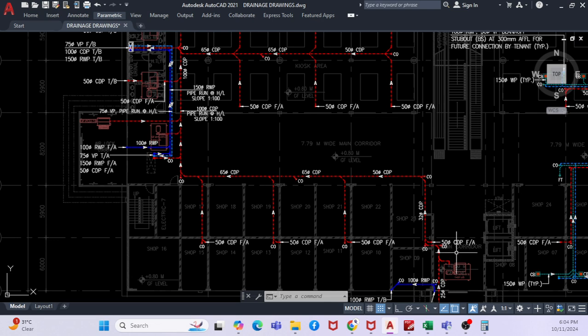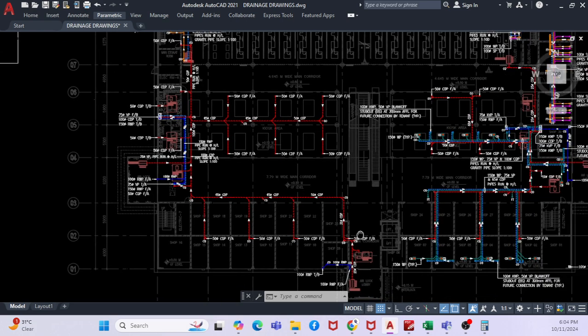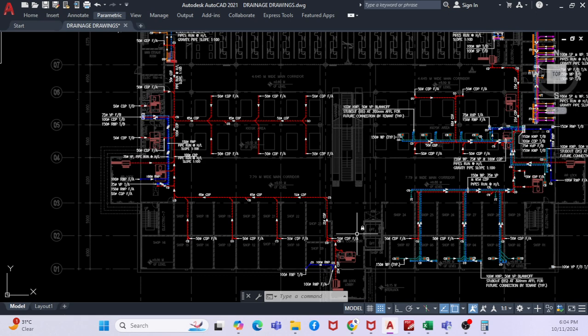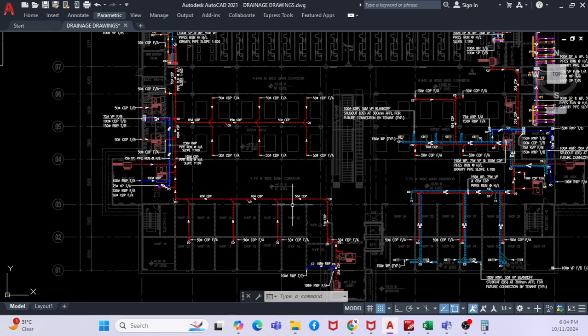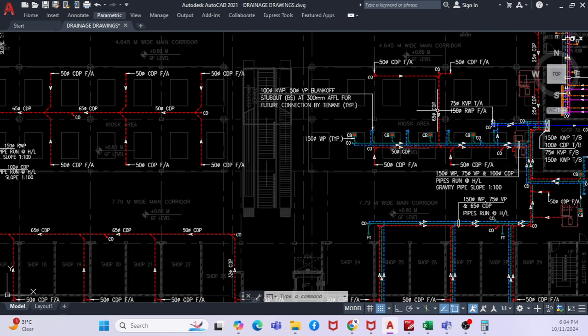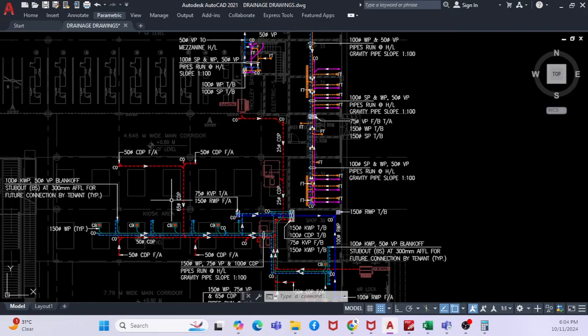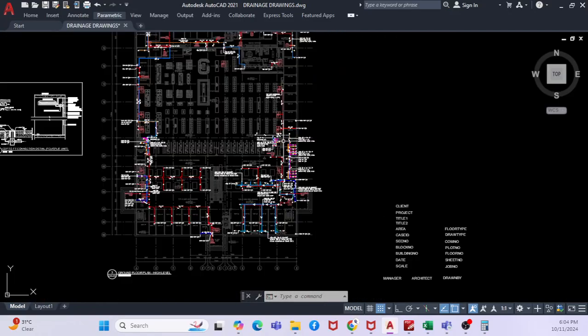We can take out the condensate pipe for 5 units, and for another 5 units we take a separate CDP pipe, right? The maximum branch pipe will be 65, I think. For the condensate drain pipe, the maximum pipe size will be 65.